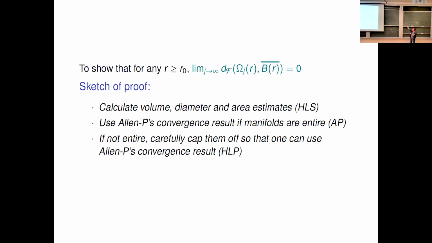So we have to do the capping really carefully. This sequence embeds into this sequence. And then what we have to know is that the region that we attach has volume converging to 0.